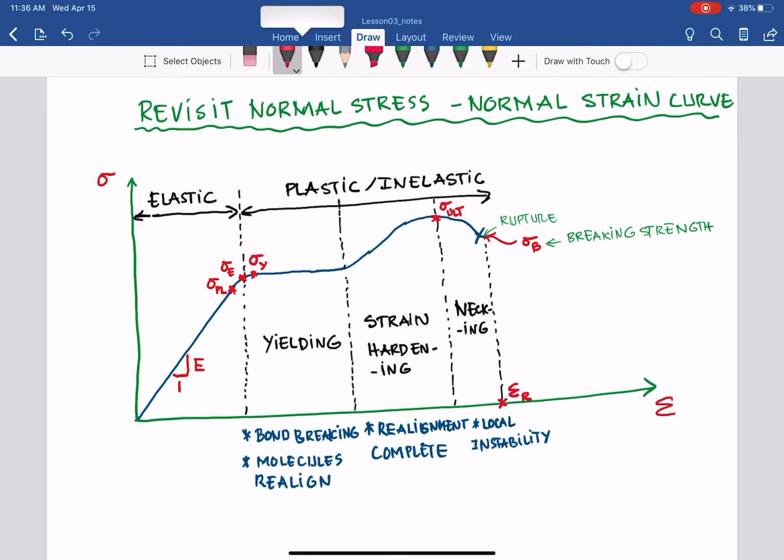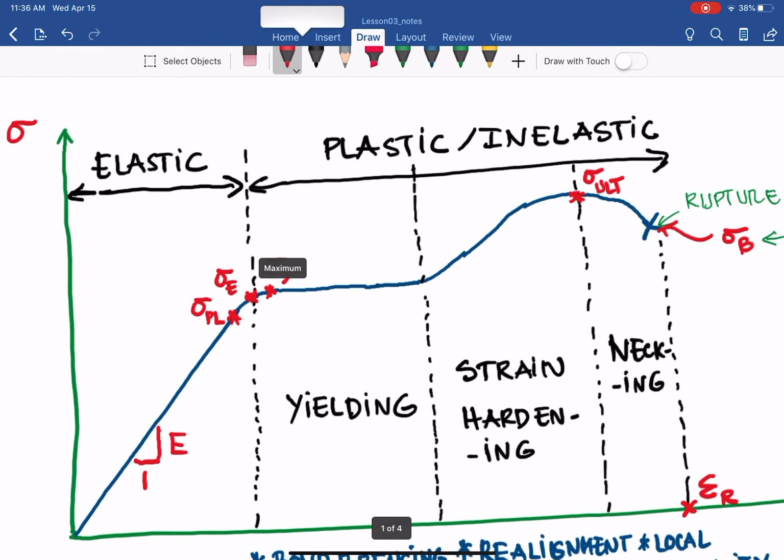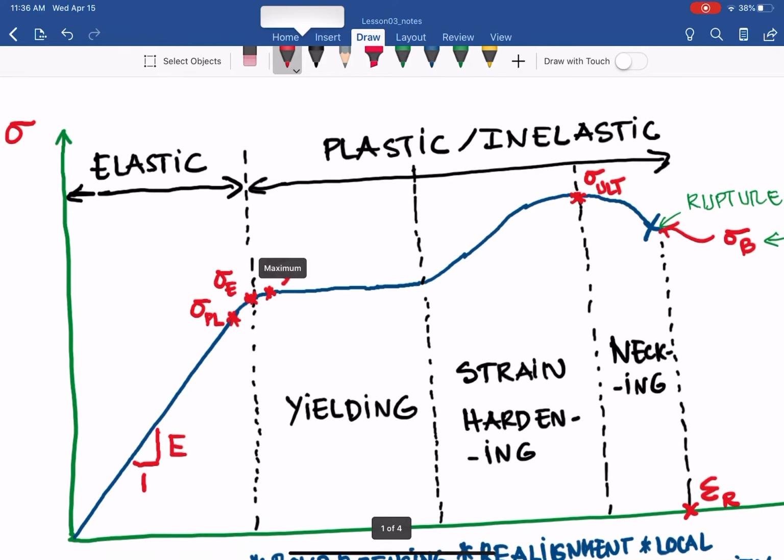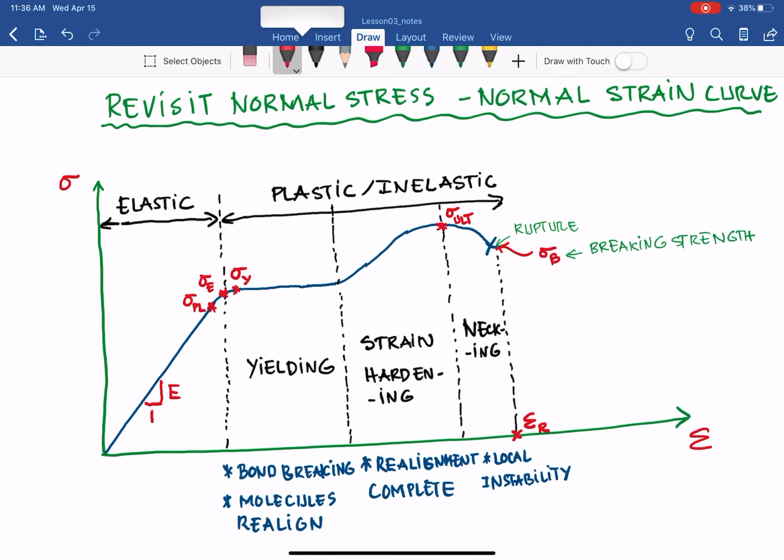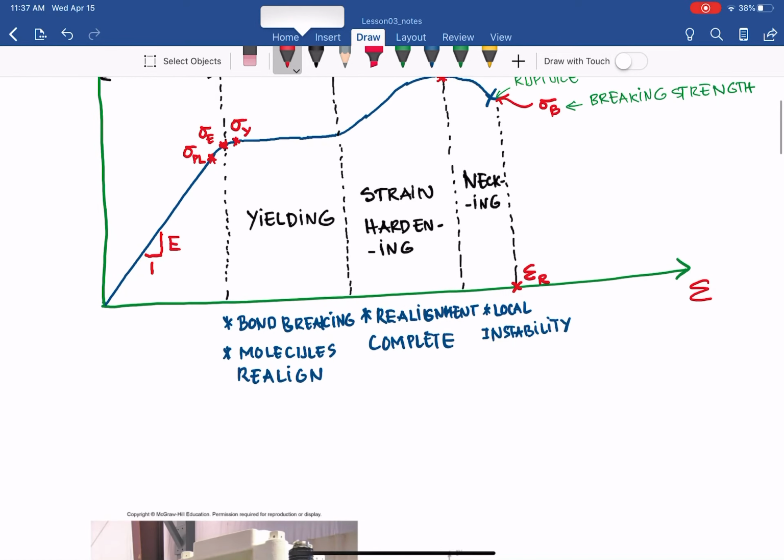How do we define sigma yield? As you can see, the proportional limit sigma PL, sigma E, and sigma Y are very close together, so it's very difficult to differentiate between those. So how do we determine the sigma yield, the failure level, when you design a structure?